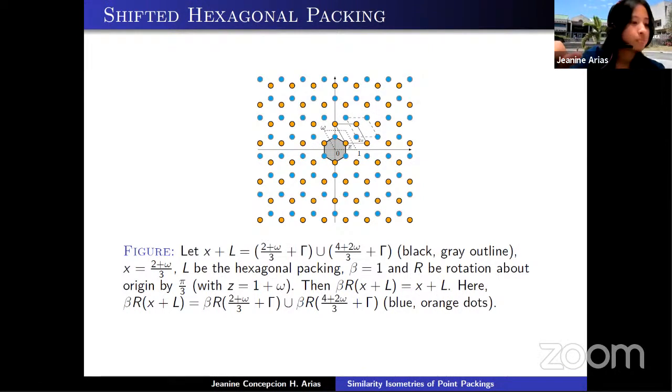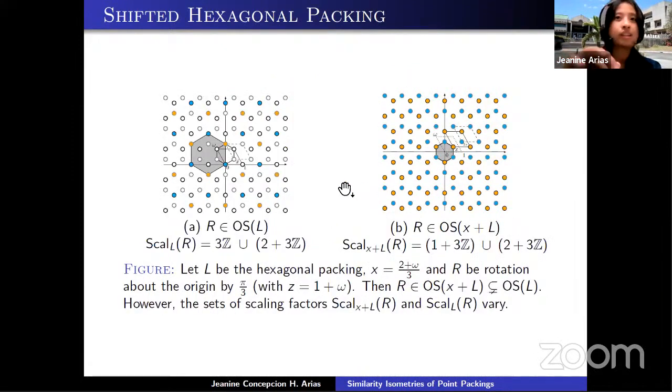So let us now compare this with the previous example of the hexagonal packing. This is what we had before, the hexagonal packing L. And now here we have the shifted point packing, or the shifted hexagonal packing.